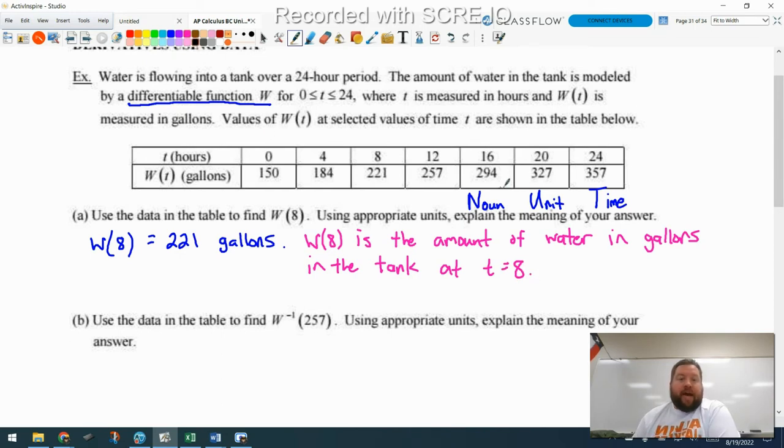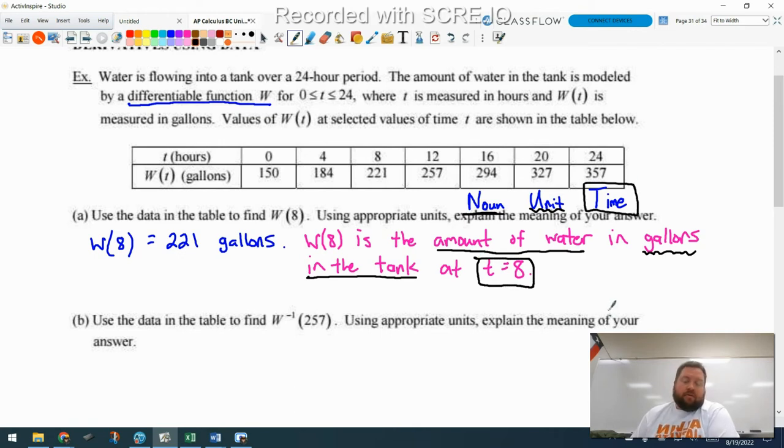Okay, so the noun is the amount of water in the tank. I stuck the U kind of in the middle of my noun. The U is gallons. I've got my unit there, I've got my noun there, and then the time is T equals 8. So as long as you have those 3 components, you have an answer that they have no choice but to give you the credit for.